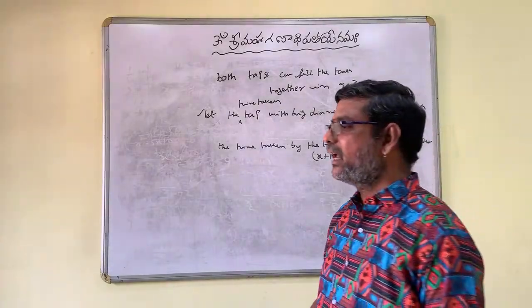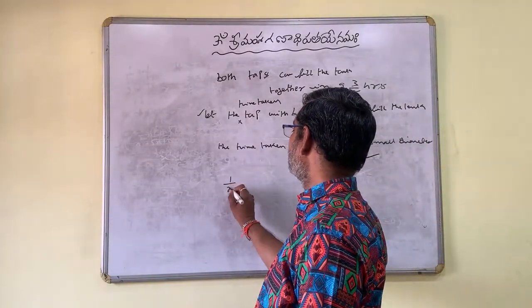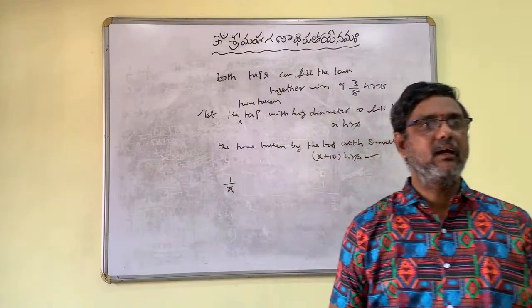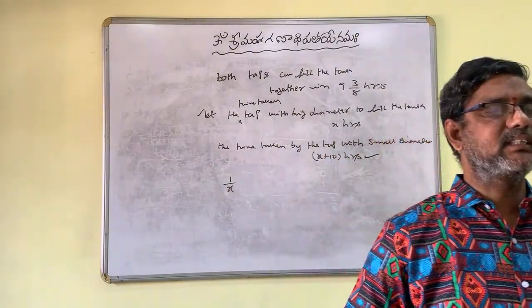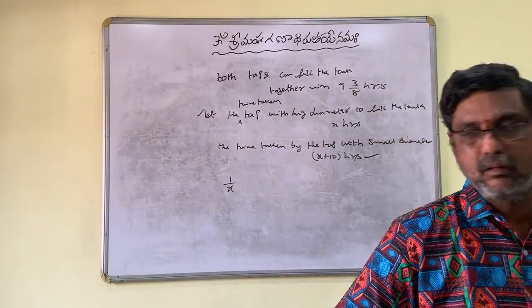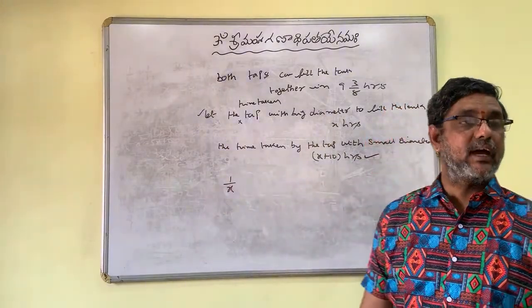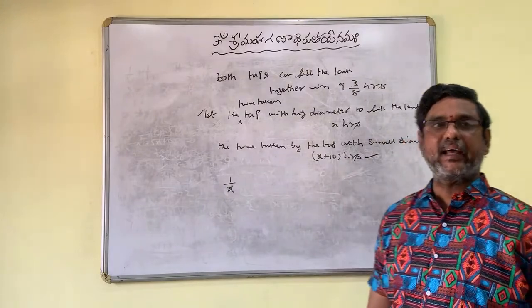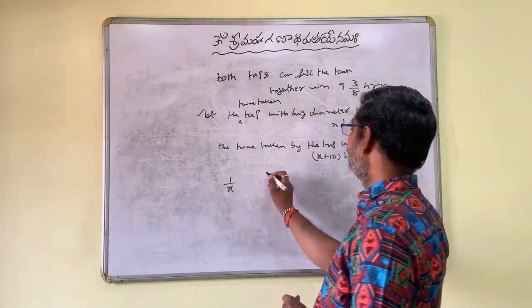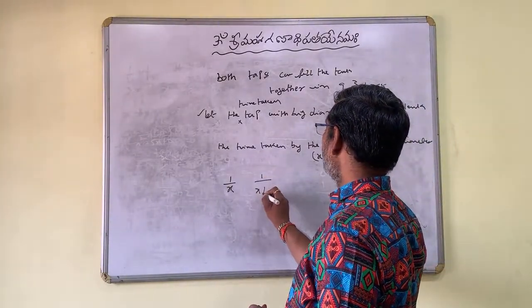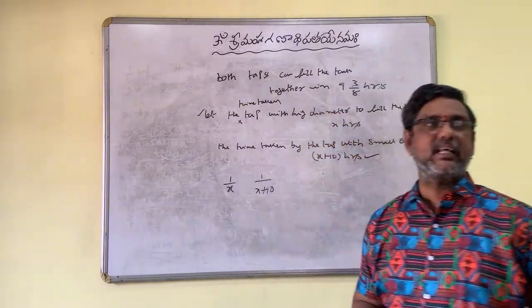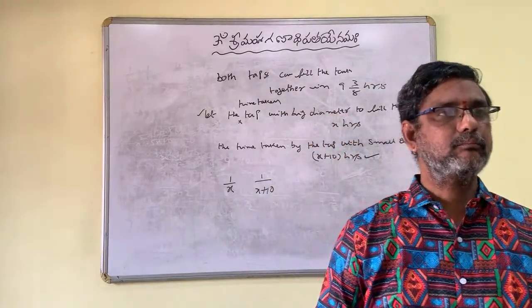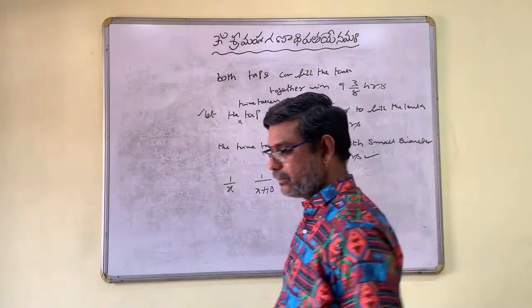Then in 1 hour it can complete 1 by x of the work. Now, the tap which is having smaller diameter can fill the tank in x plus 10 hours. Then in 1 hour it can complete 1 by (x plus 10) of the work. Okay?